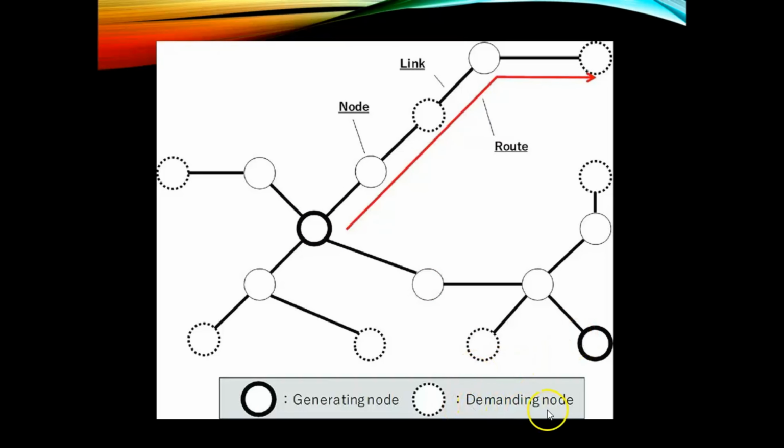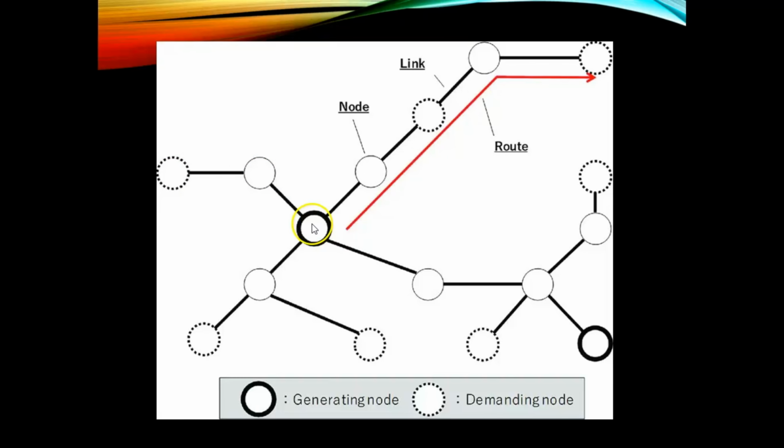Then we have what we call a demanding node. But before I go into what we call a demanding node, let me give an example with this picture that will lead us to it. We can say in a factory that produces, let's say, 1,000 units of a particular product, this generating node here is the factory producing about 1,000 units.